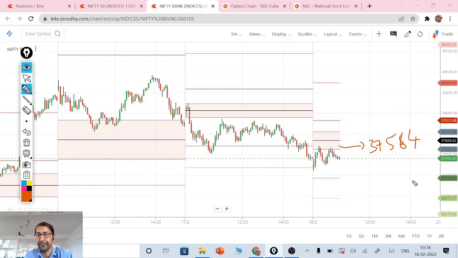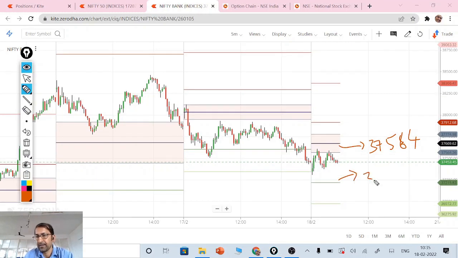Sell Bank Nifty for a target of 37,215 for the day. That is a better bet. If you are taking more risk, you can place the stop loss at 37,600. I don't think today we should discuss the higher levels because the markets are very weak and Bank Nifty especially very weak. So this is the data point for today.